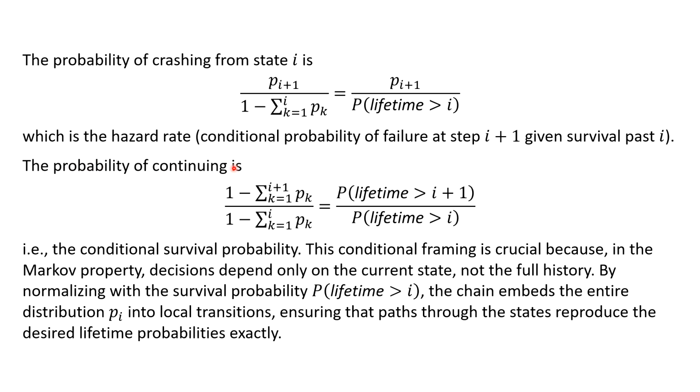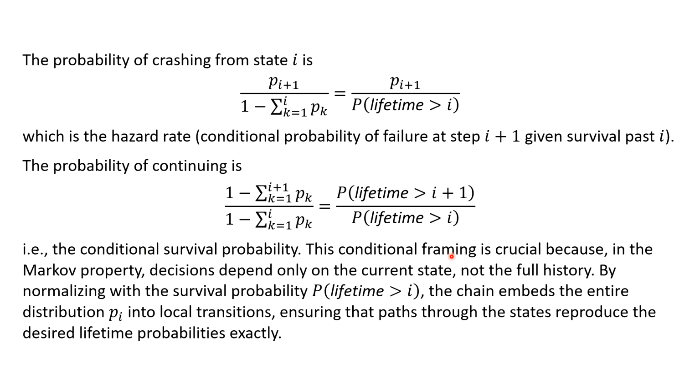The probability of continuing is this, and again, we've seen this, but I've put it in a more compressed form. So it's the probability the lifetime is greater than I plus 1 divided by the probability the lifetime is greater than I. This is the conditional survival probability.